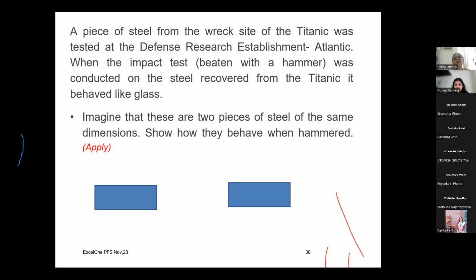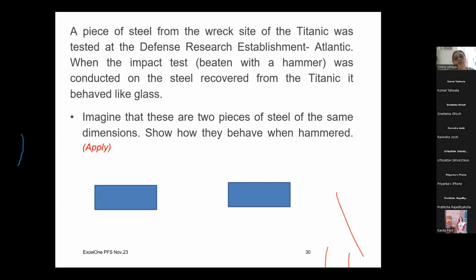Let me show you another question. A piece of steel from the Titanic was tested at the Defense Research Establishment, Atlantic. That's the name of the organization. When the impact test, that is, it was beaten with a hammer, was conducted on the steel recovered from the Titanic, it behaved like glass. So imagine that these are two pieces of the same dimensions. Show how they behave when they are hammered.